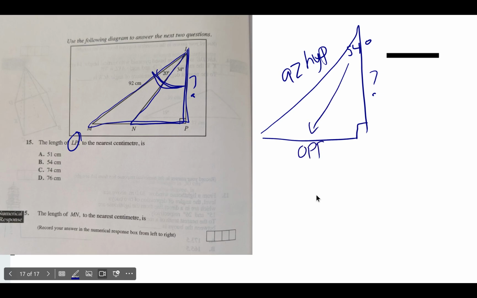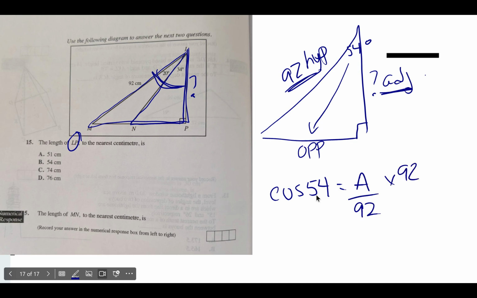We have the opposite side. We need to find the adjacent side. So the ratio with the side you have and the side you want to know is going to be cosine. So cosine of 54 will equal adjacent, which we're solving for, over 92. Multiply both sides by 92, and you'll be left with your adjacent side. So let's go ahead and put that into our calculator: 92 times cosine of 54.